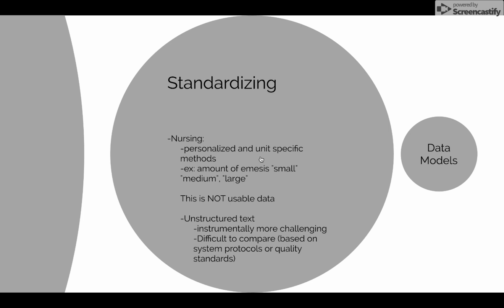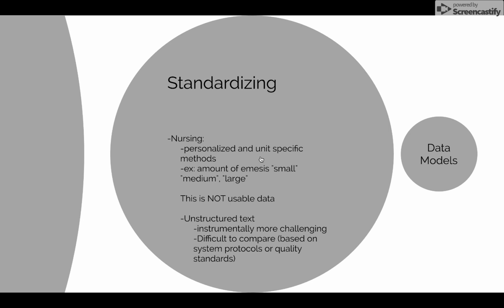So it's all based on personal feelings or experience. Same with bowel movements or any other thing that isn't precisely measured or has any objective measure. And that is not usable data because it's all personal.